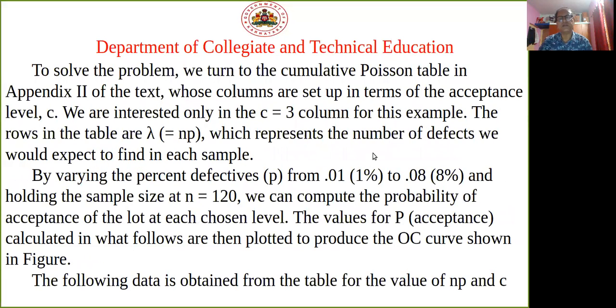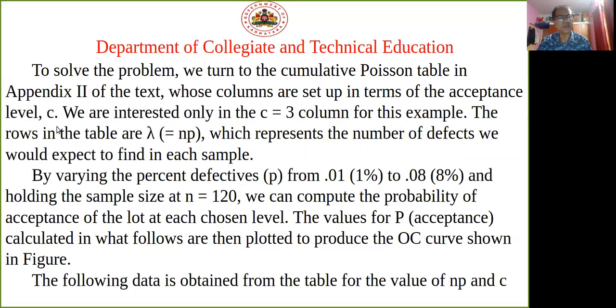Now, to solve the problem, we return to the cumulative Poisson distribution table 3, appendix 2 of the text, whose columns are set up in terms of the acceptance level c. We are interested only in the c equals 3 column for this example.